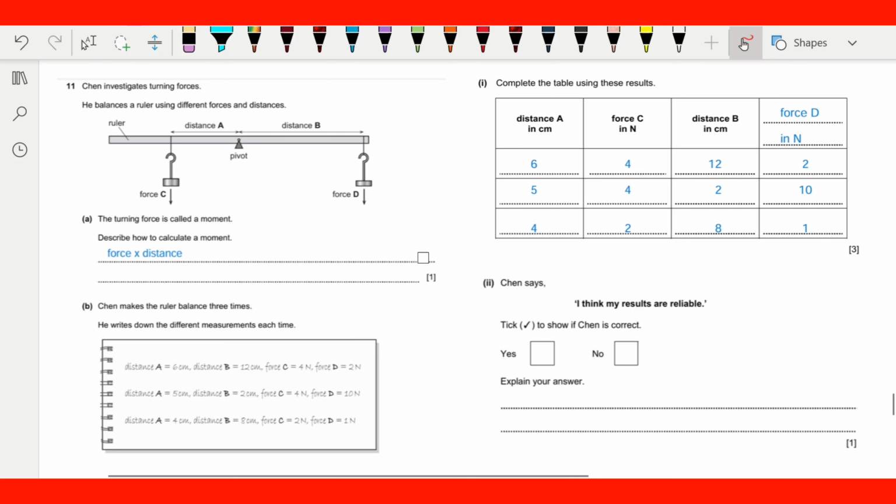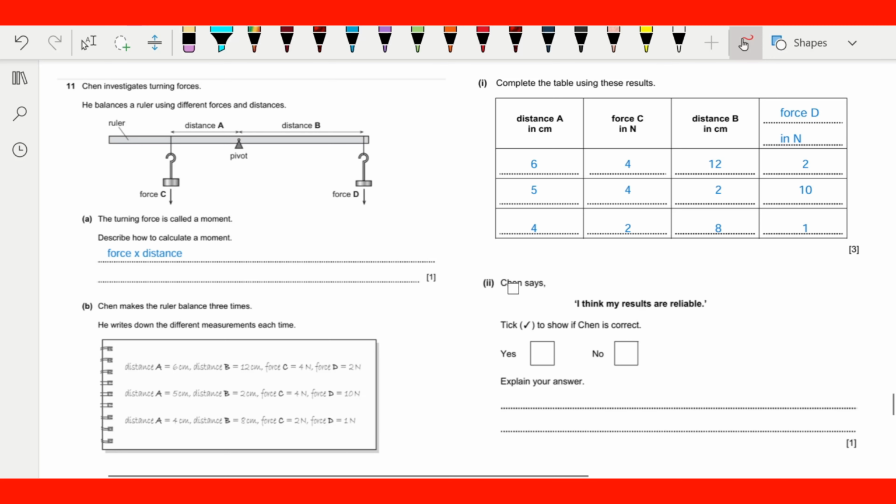So we just have to plug everything into this table. 5 here, 4 here, 2 and 10 here. The same as the last one, 4 cm for A, B is 8 cm here, force C 2 Newtons, and force D is 1 Newton.